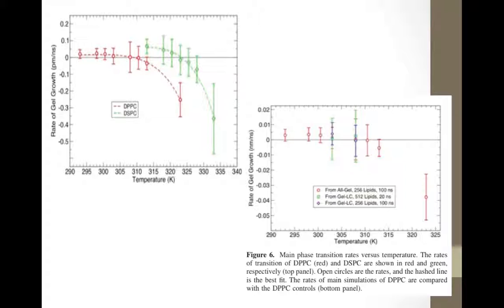Figure 6 is the plot of the phase growth rate versus the temperature. The red one is the DBBC system and the green is the DSBC system.